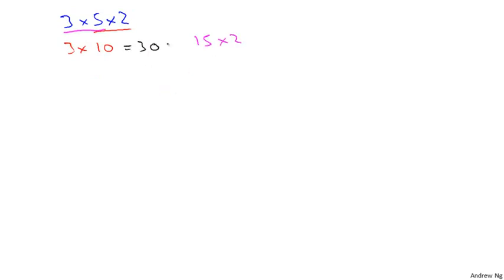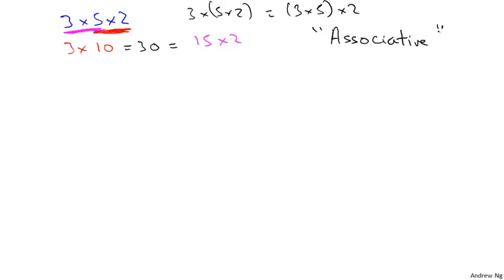Both of these are equal to 30. It doesn't matter whether I multiply 5 times 2 first or 3 times 5 first. This is called the associative property of real number multiplication.